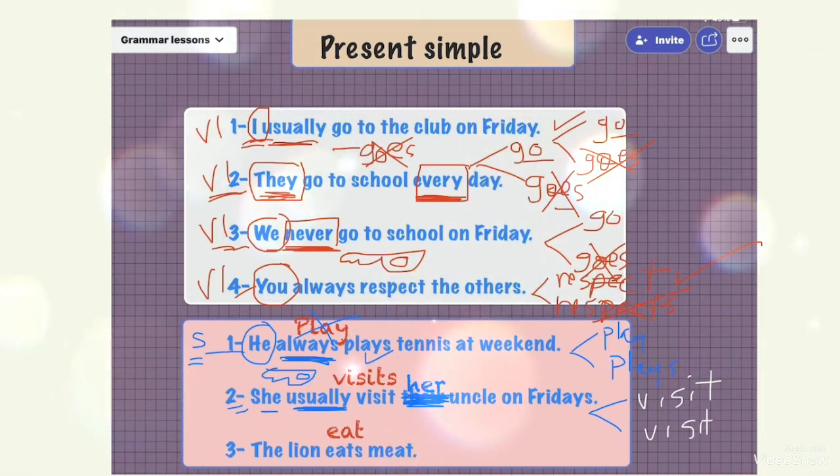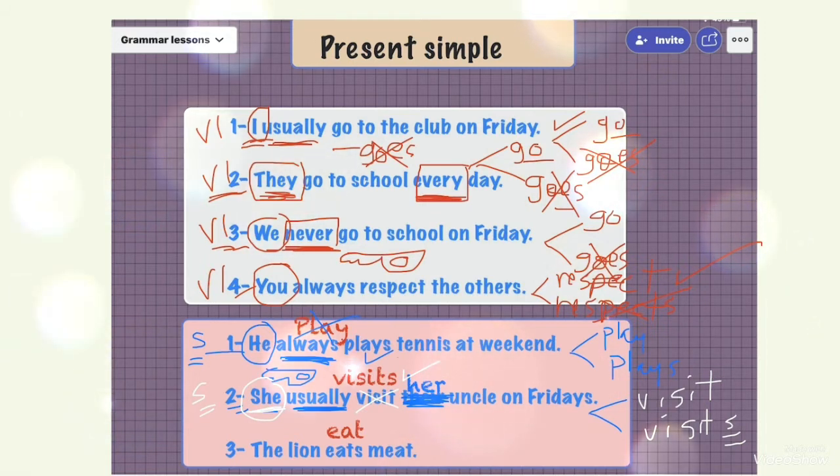So which one I will choose? Here, my dear students, I have she. When I have she, I will choose the verb with S. So it will be visits. I will never choose visit. So I will choose visits.